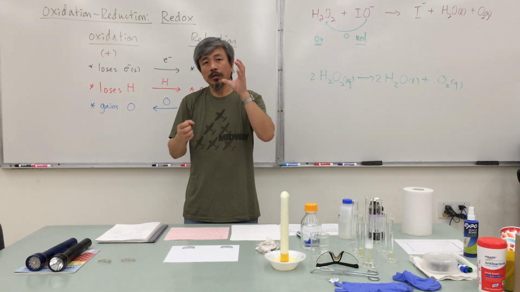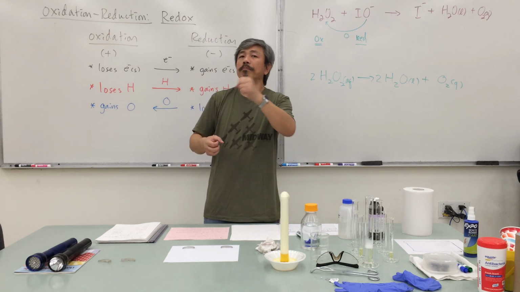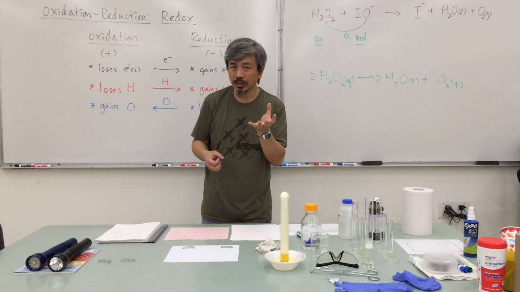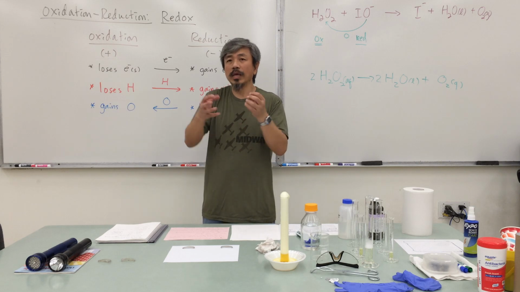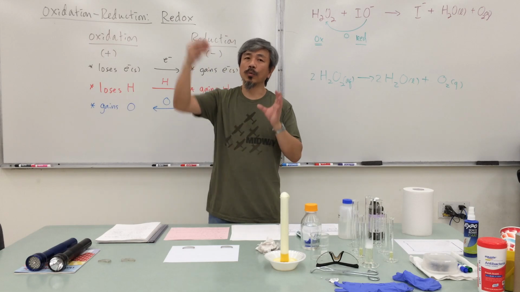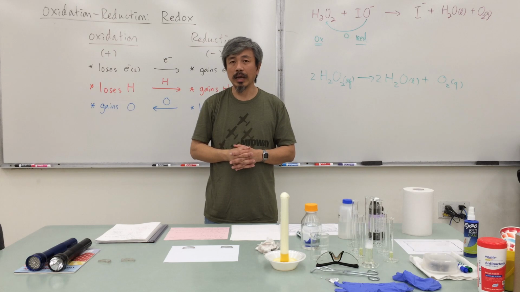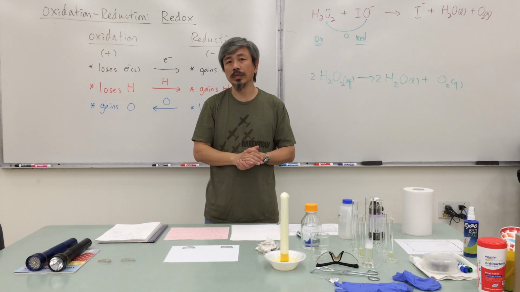Once you somehow create a situation where you can take the silver +1 ion and make it into basically atomic silver, so no charge, then the silver atoms can now cluster together to form a cluster that will then absorb light. So when light passes through, it will absorb light and block additional light from coming through the lens itself.